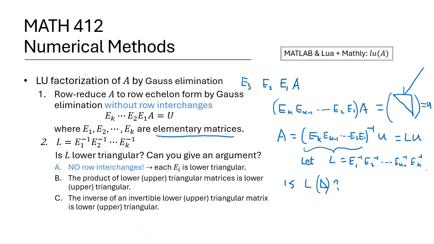We need to know whether each inverse of the corresponding elementary matrices is lower triangular. We have a theorem. When I prove it in linear algebra, it's not difficult to give a proof.